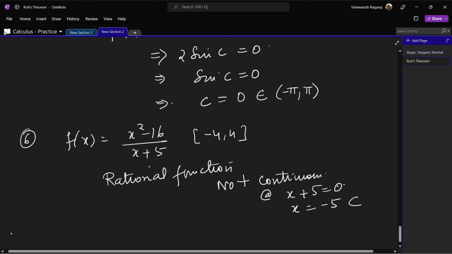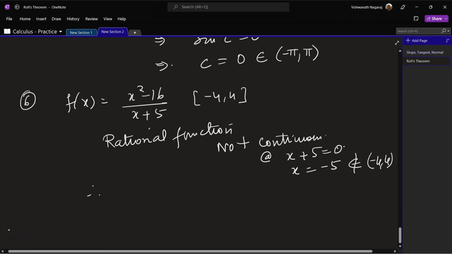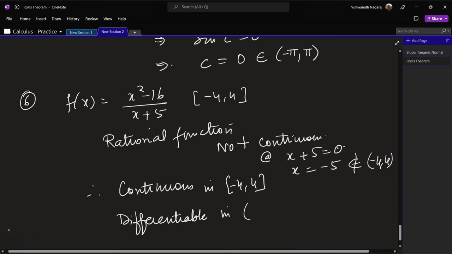But minus 5 does not belong to the interval minus 4 comma 4. So which means therefore continuous in minus 4 comma 4, and differentiable in the open interval minus 4 comma 4.